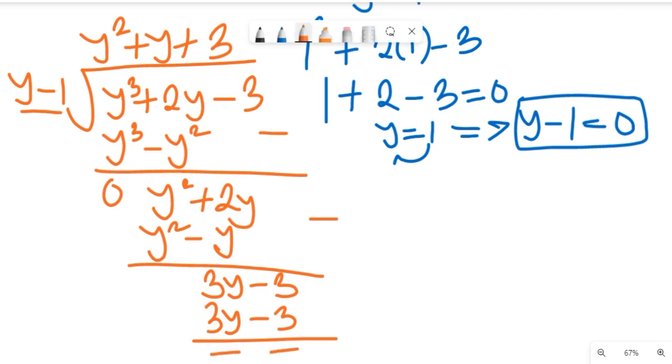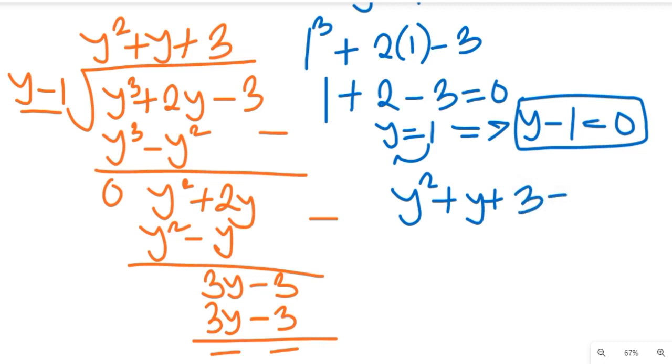So our factor now will be equal to y squared plus y plus 3, and that will be equal to 0. So we're going to use the quadratic formula to find the other two factors. Remember, we've gotten y minus 1 equal to 0 as one of the factors.